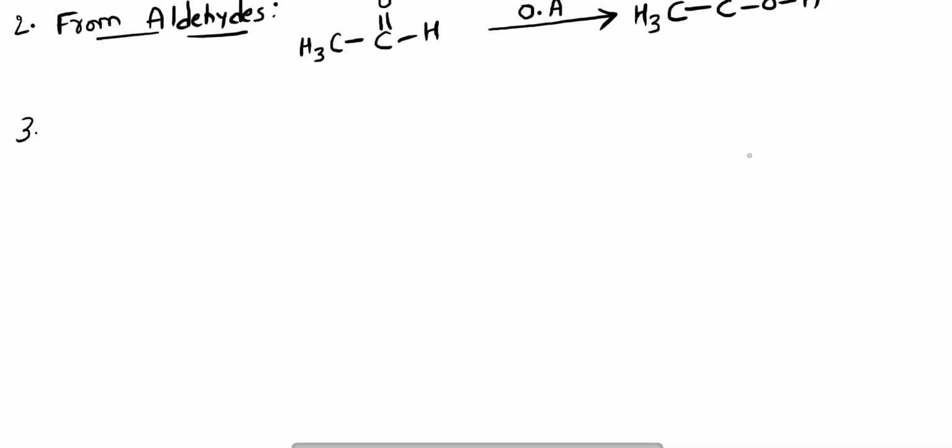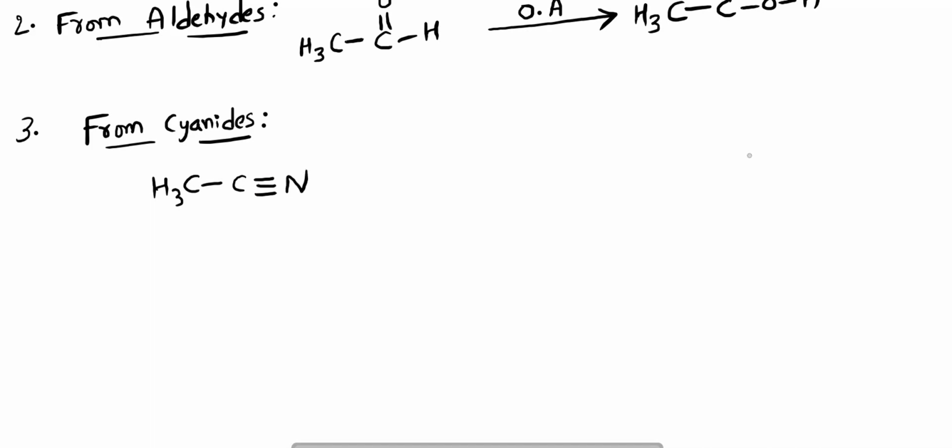So let's see the next one, that is from cyanides. From cyanides, how to prepare? Take one example. CN is said to be a cyanide group. Methyl cyanide. These cyanides on reaction with an acid, any acid, with water.